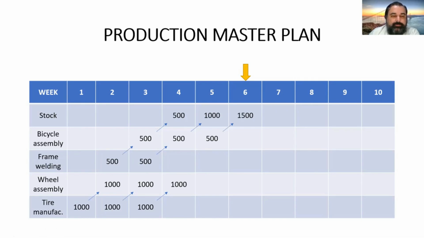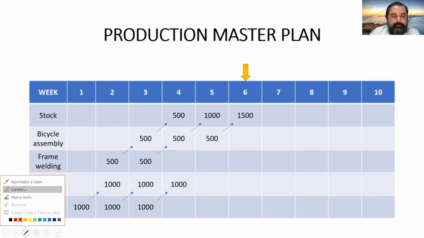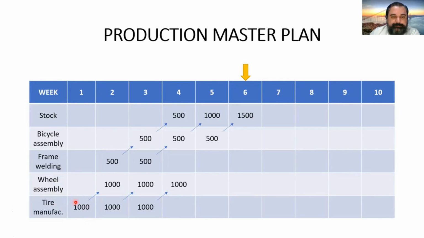He can deliver only 1,000 tires per week. So when we order 1,000 tires in week 1, he will deliver 1,000 tires 1 week later, in week 2, for the wheel assembly area.